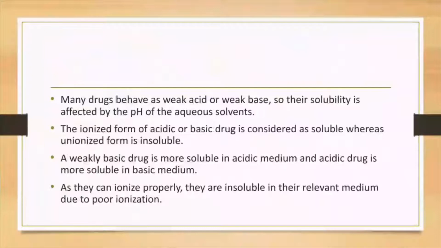The ionized form of an acidic or basic drug is considered soluble, whereas the unionized form of the drug is considered insoluble. Here, in the previous video we have discussed that like dissolves like.